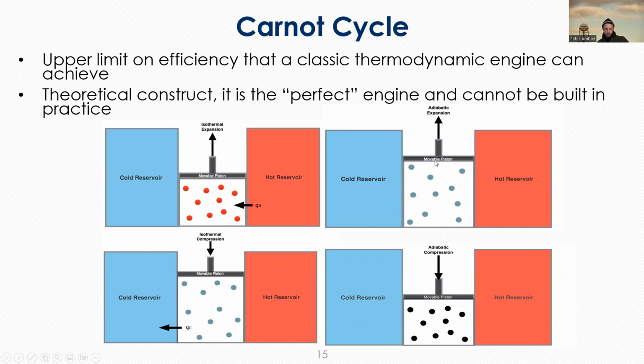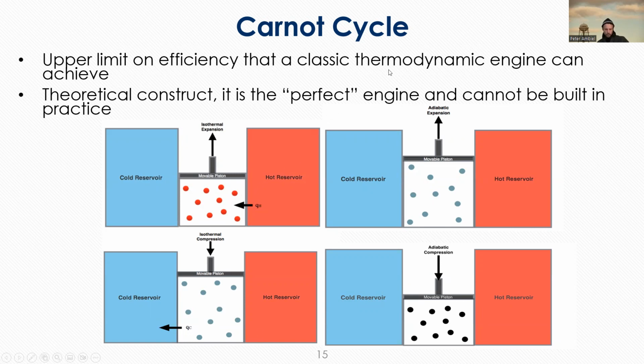The piston continues to move upwards through adiabatic expansion, and then the heat within the system moves into the cold reservoir, and you get isothermal compression, followed by adiabatic compression, moving you back to the first stage of the Carnot cycle.